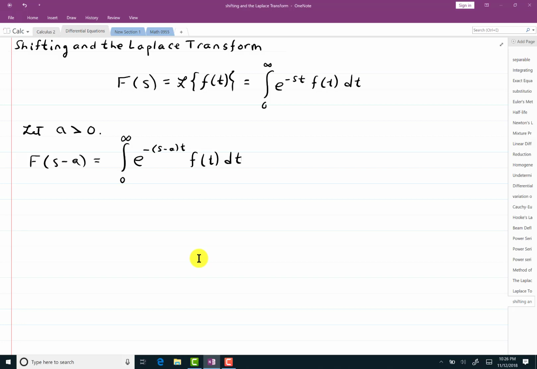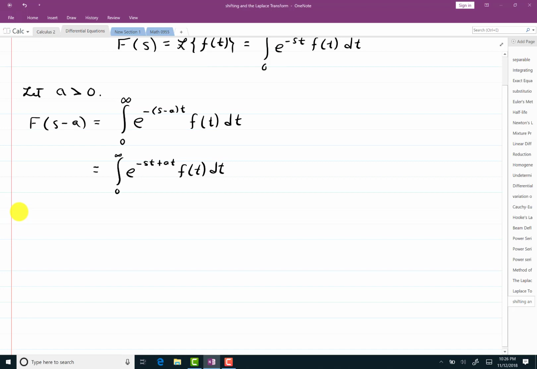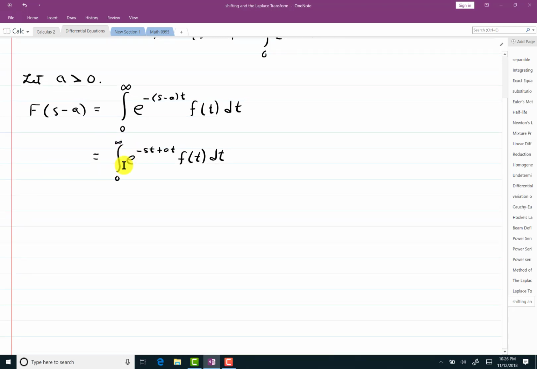And let me just do a small amount of simplifying. I'll have e to the negative st plus at f of t dt. And then I'm going to break this up into e to the at times e to the negative st f of t dt.